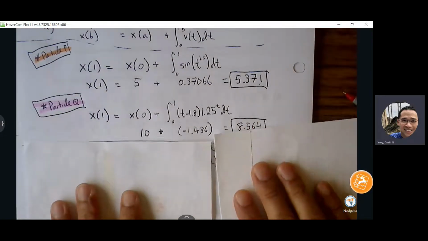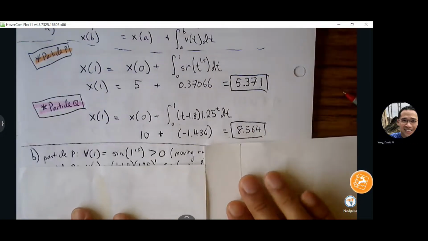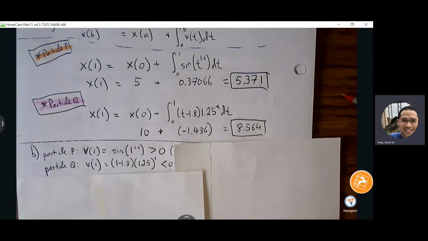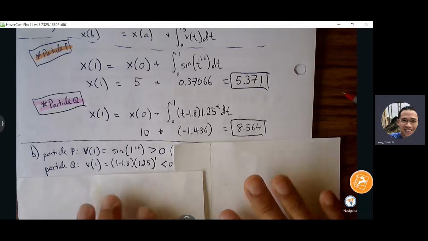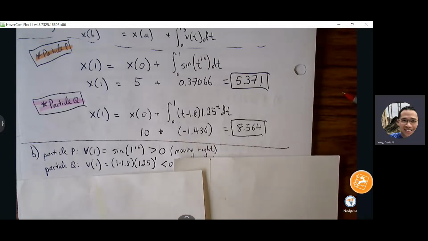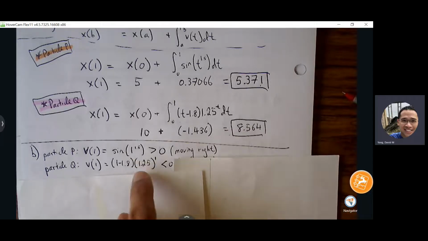So we'll use our calculator. Plug 1 into the velocity function for particle P. Sine of 1 to the 1.5, that's a positive number, so it's moving to the right. Particle Q, enter 1 in for t, we get 1 minus 1.8, that's a negative number, times 1.125, that's a positive number.